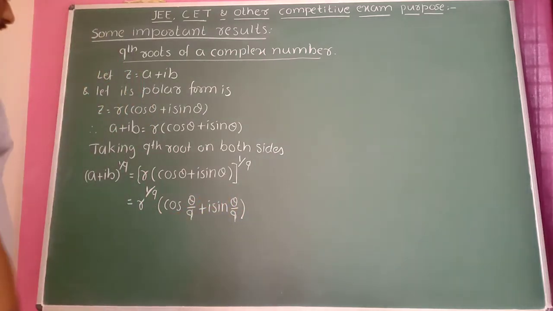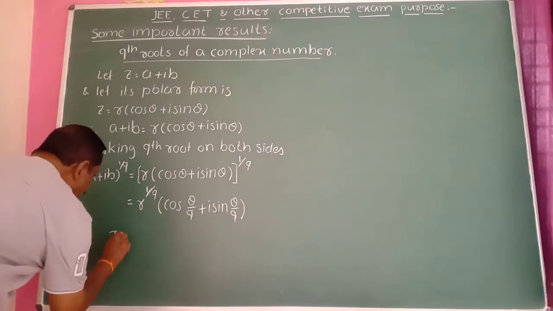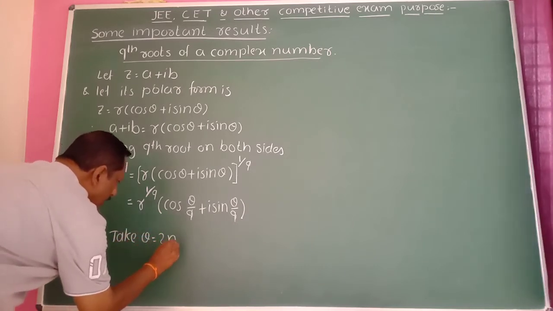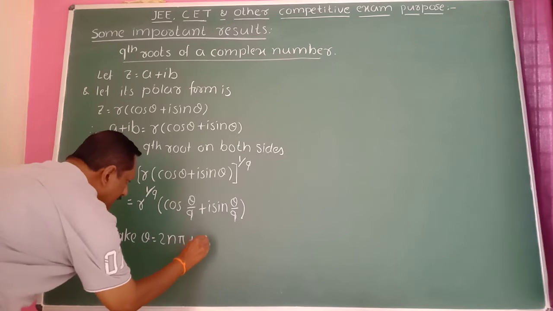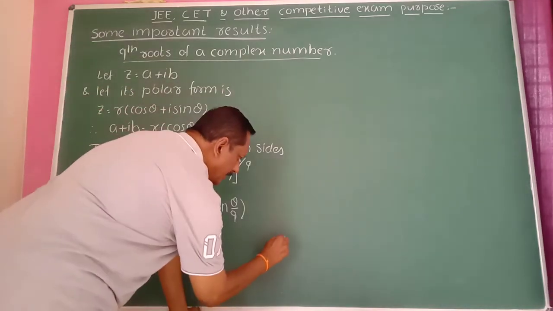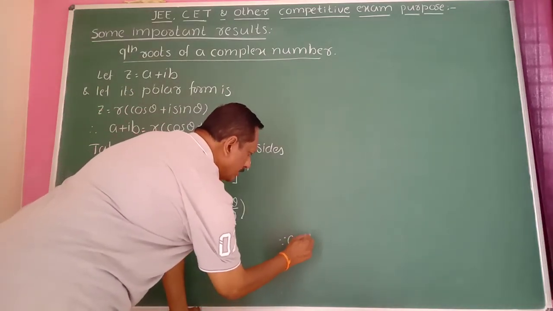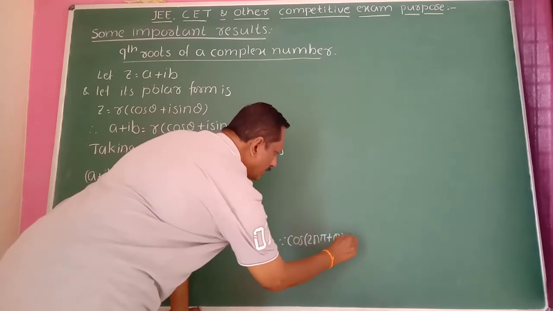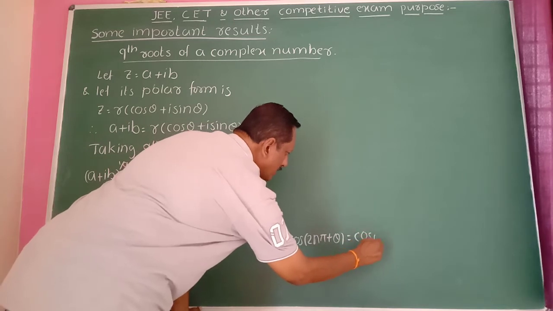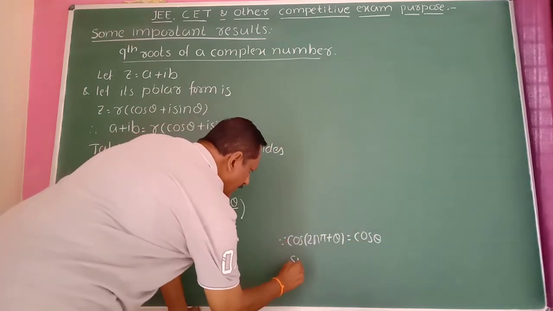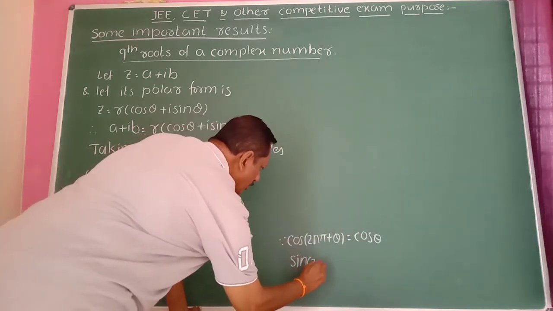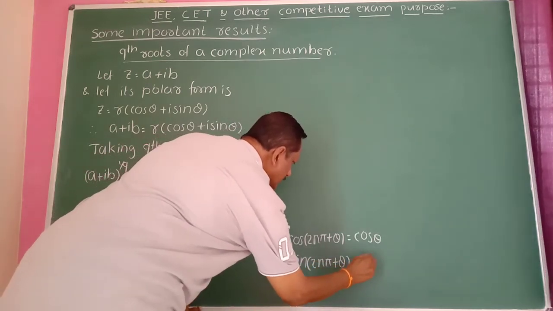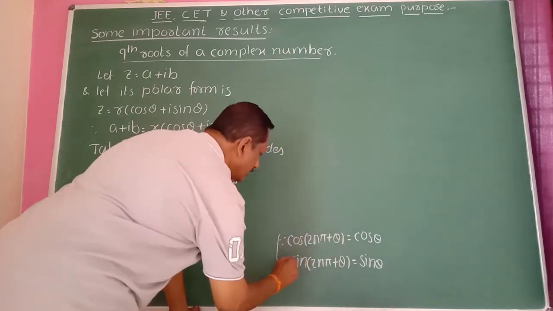Now take theta equal to 2n pi plus theta, because in trigonometry, cos of 2n pi plus theta is cos theta and sin of 2n pi plus theta is sin theta.